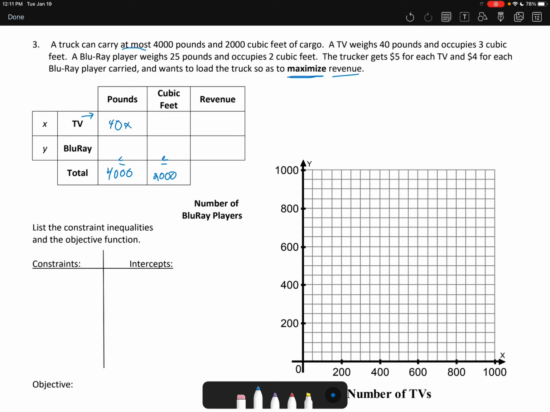Let's see, a TV, so going across the TV, it weighs 40 pounds. We're letting TVs be X's, and occupies 3 cubic feet, so we're going to let that go there.